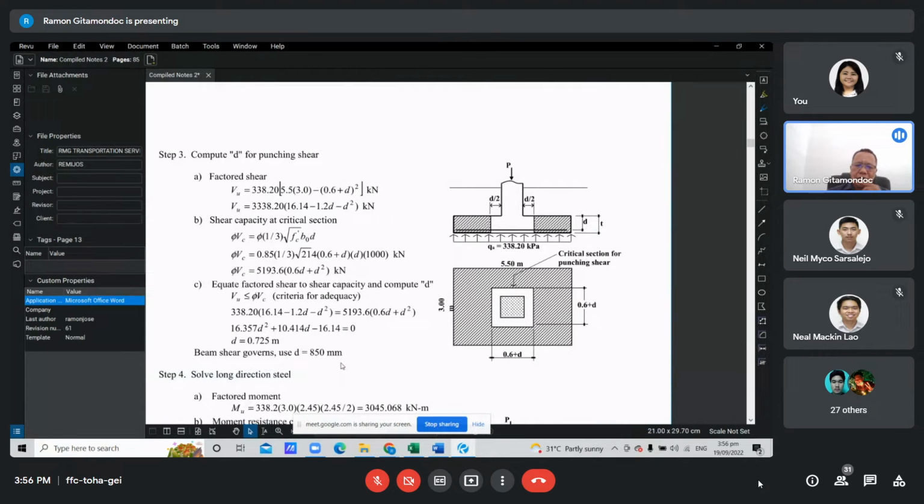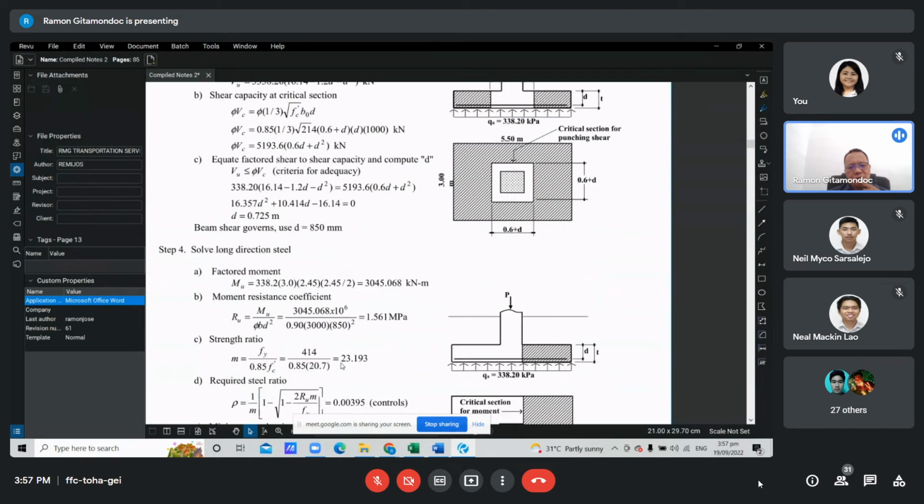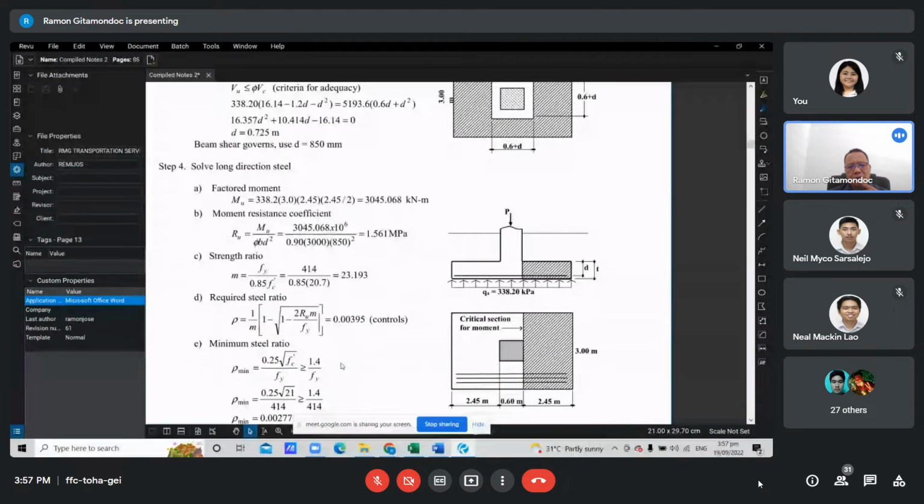So after step 3, we already have the required effective depth, no? From step 1, we have the footing dimension. Step 3, we have the required effective depth. So in step 4, what we're going to do will be to compute the steel reinforcement. Now, since we have a rectangular footing, the steel reinforcement will not be the same in both directions.